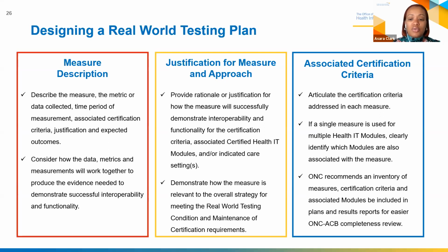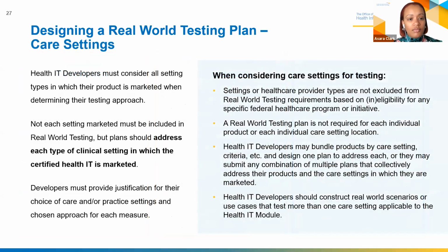And ONC recommends an inventory of measures, certification criteria, and associated modules be included in plans and results reports for easier ACB completeness review. So this is why we developed the template guides to help organize this information in a way that makes it easy for everything to be accounted for and for the ACBs to identify those specific elements.